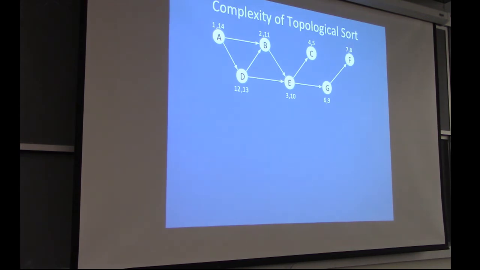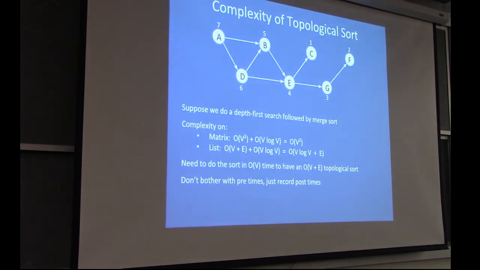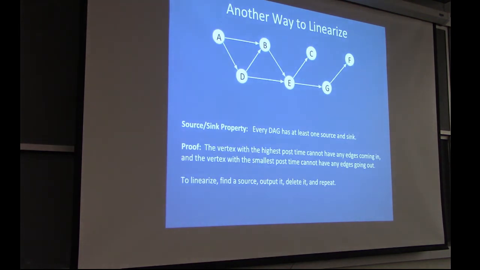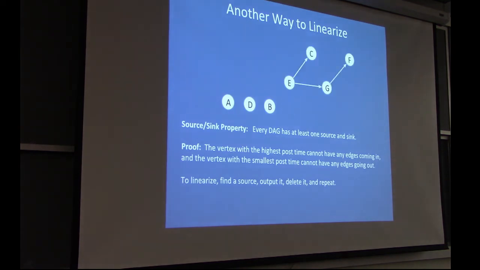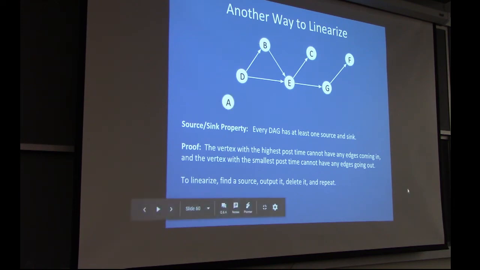Okay, now, I'll come back to this complexity thing as well. I'll do this one, it's pretty simple. When we talk about the complexity of depth first search, we can talk about the complexity of topological sort. Here's another way to linearize. It's basically identify a source, remove it, repeat. So A is a source, so it's first.